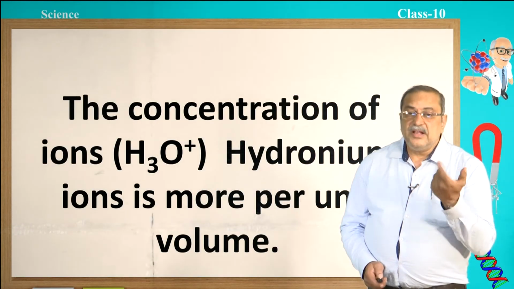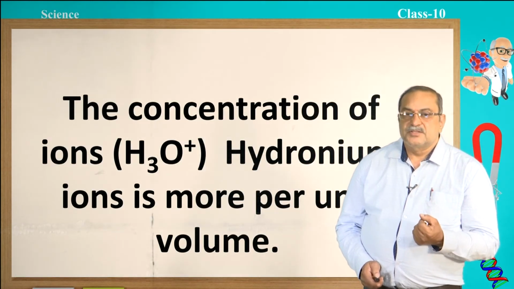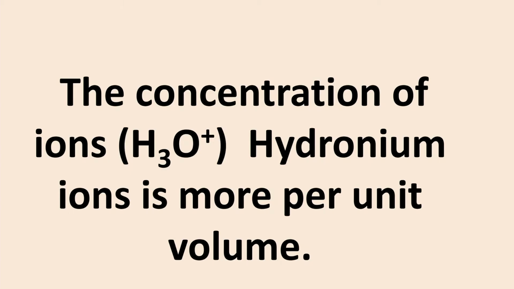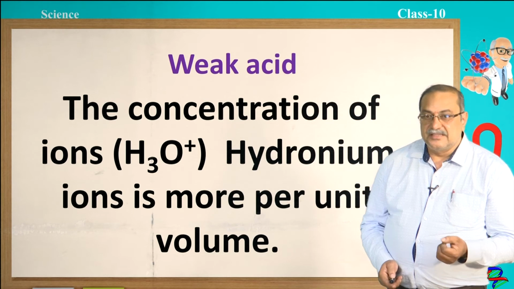Next, why is it going to form this one? So, here what will happen? The concentration of ions H3O plus, that means hydronium ions, is more per unit volume. So, okay, that is a weak acid.